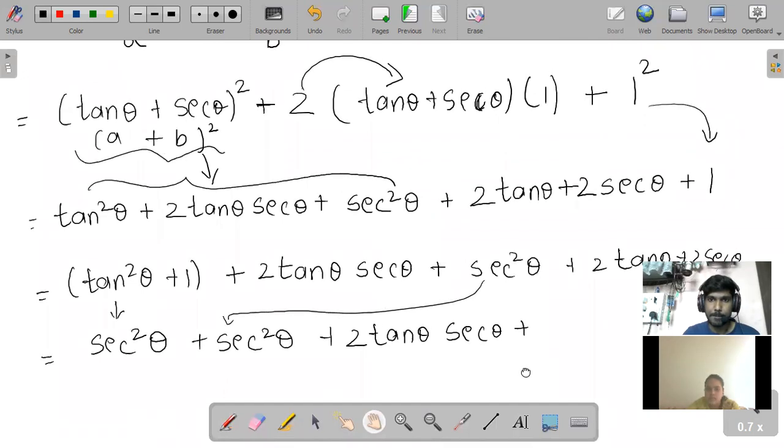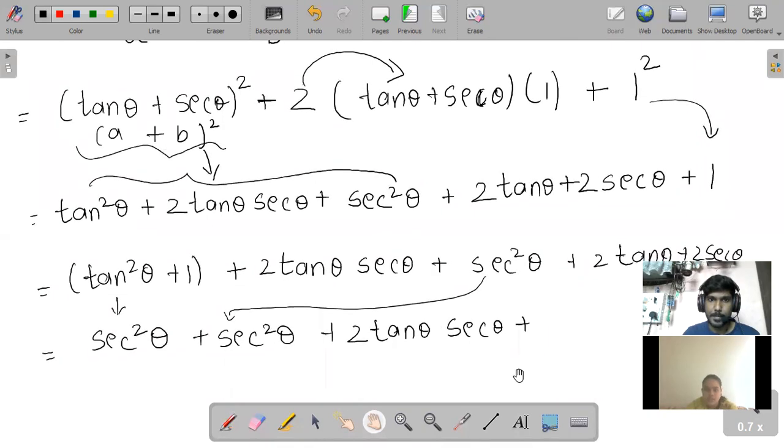2 tan theta into sec theta, wouldn't that be into 2 sec theta? No, here we are using this formula, A plus B the whole bracket square. So it becomes A square plus 2AB.